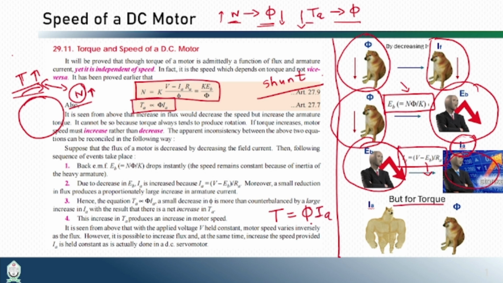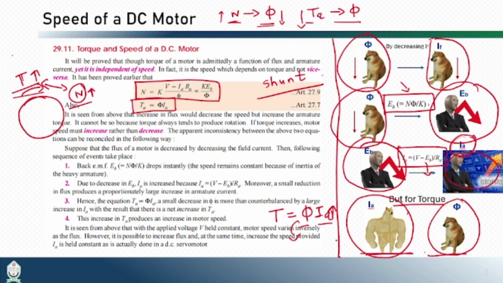As torque is related with both the quantities, one is decreasing and another one is increasing. Which one should be the governing one here? If you look at the picture, the Ia is the governing parameter here. That means the decrease of flux doesn't have much impact, whereas the increase in the armature current has much impact on the torque.